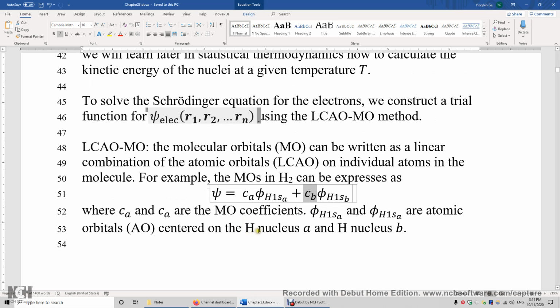In this class, we try to use real MO coefficients to simplify the situation. Again, these are the atomic orbitals centered on hydrogen nucleus A and hydrogen nucleus B.